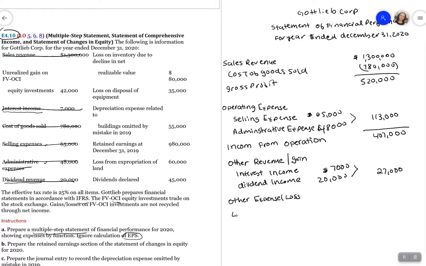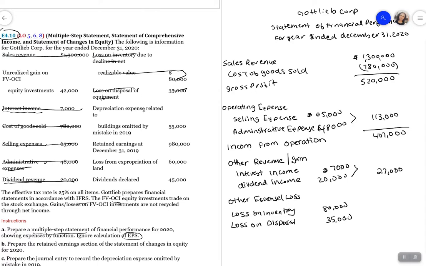Let's put that in first, loss on inventory, and that is my 80,000. We have taken care of that. Then loss on disposal of an equipment, and that is your 35,000. We have taken care of that.